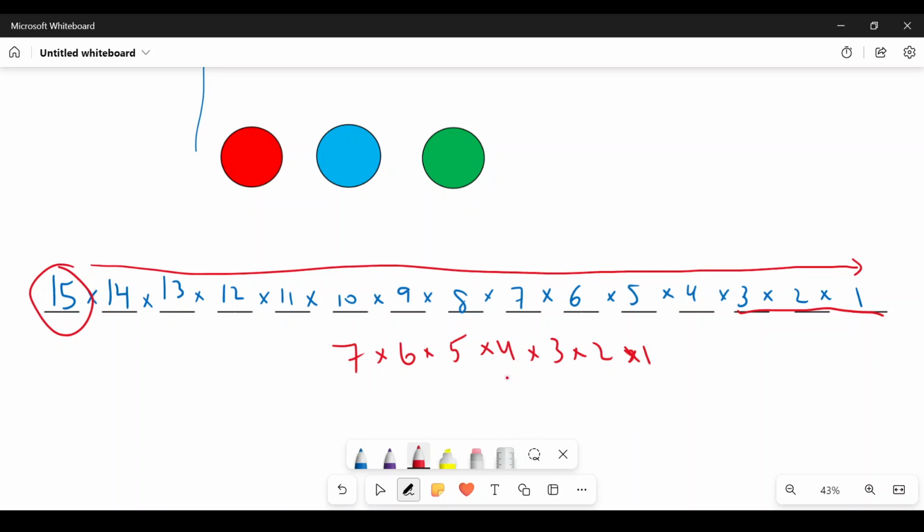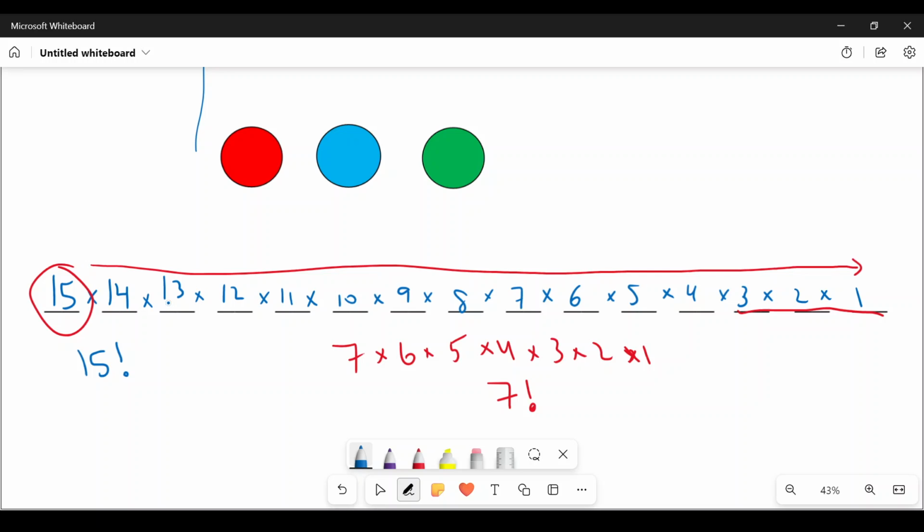There's a shortcut for it called factorial, which looks like this. So the 7 example I gave is 7 factorial. Here in the actual marbles idea, it would be 15 factorial. That's what that exclamation mark means, and it's a button on your calculator. And so you can calculate that really quickly.